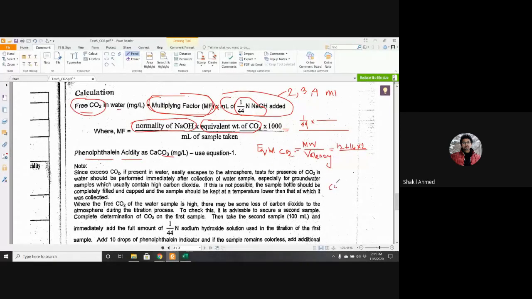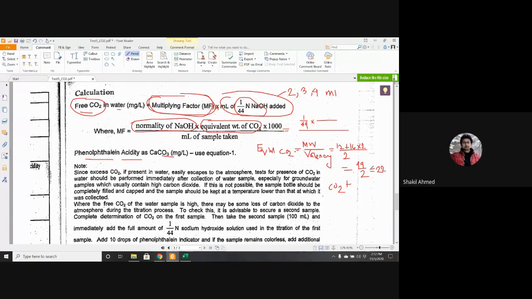What is the valency of carbon dioxide? It actually takes 2 hydrogen, right? So this is 2, and that will be 44 divided by 2, which is 22, right?